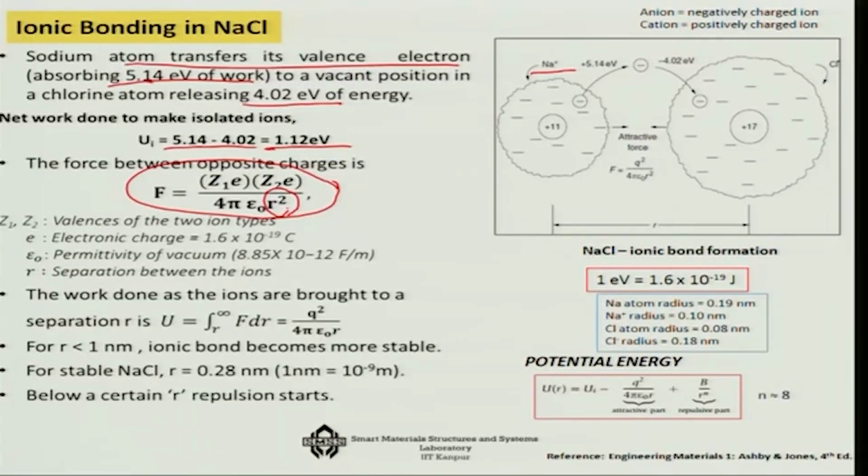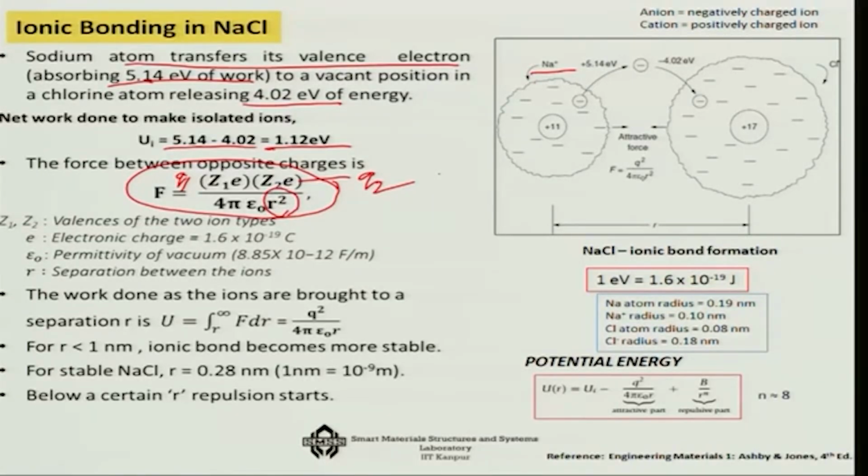As they come closer and closer, depending on the valencies of the ion types and the electron volts for each one of them, this is basically the Q1 Q2. So, this is Q1 and this is Q2. That is the Coulomb force by definition. So, it actually becomes more and more significant.